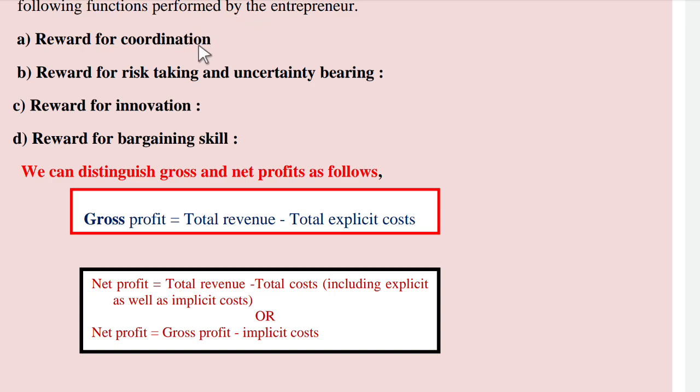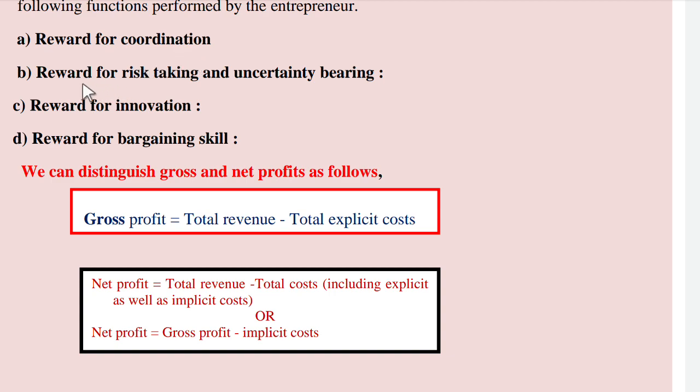Without coordination, without entrepreneurship, we can't produce anything. Coordination between the employees, between the laborers, between the factors which are supplied from various origins is very important. For this, the entrepreneur gets a reward for coordination, that is coordinative profit.